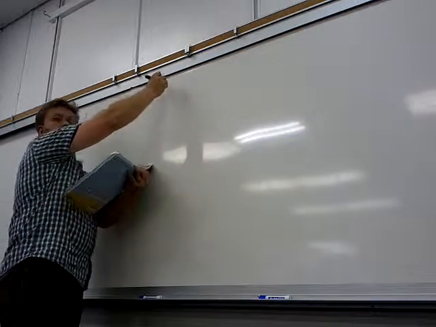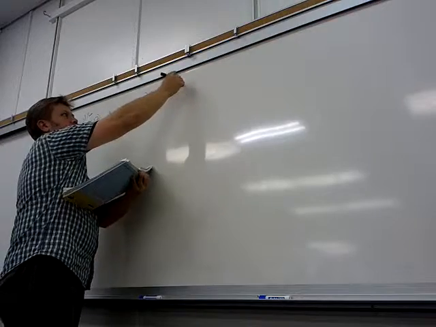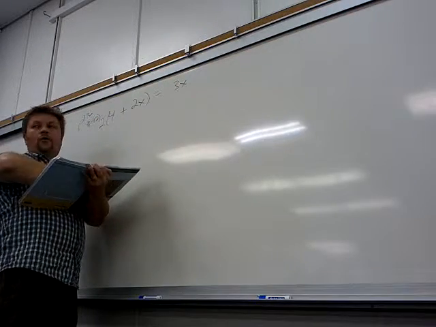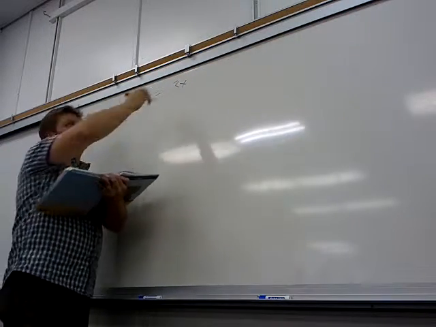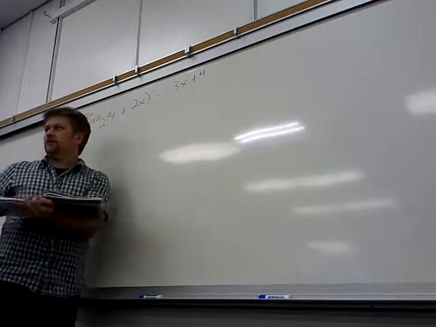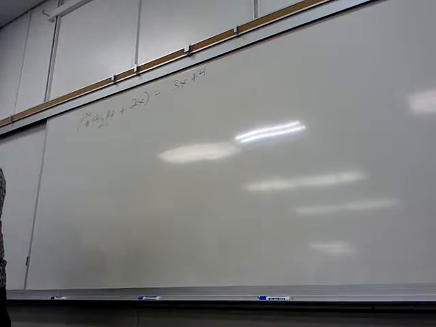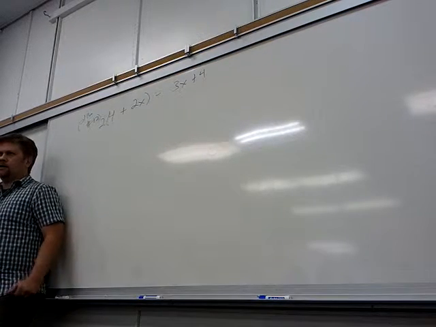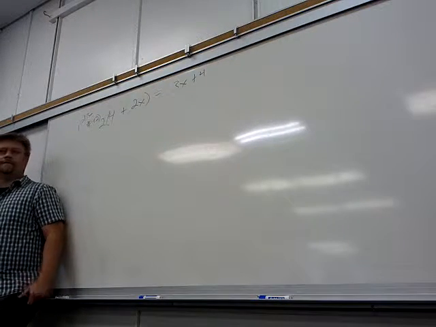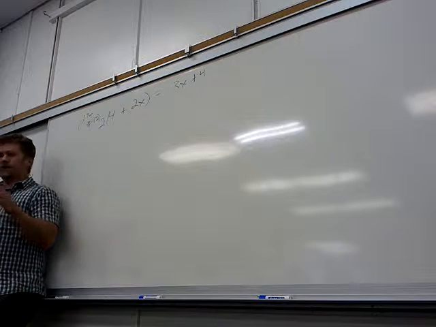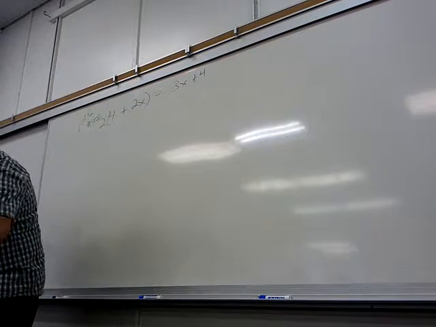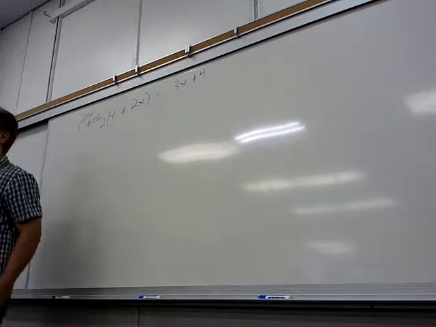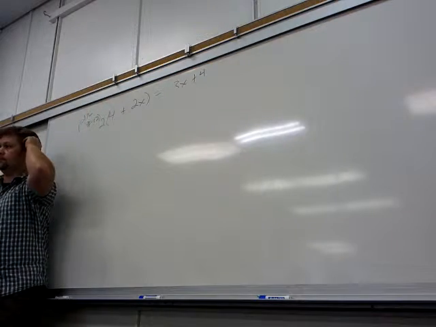So the number's multiplied by 3, 3x, and 4 is added to that product. There it is. So there's the math that came from the English, right? And then it says solve.